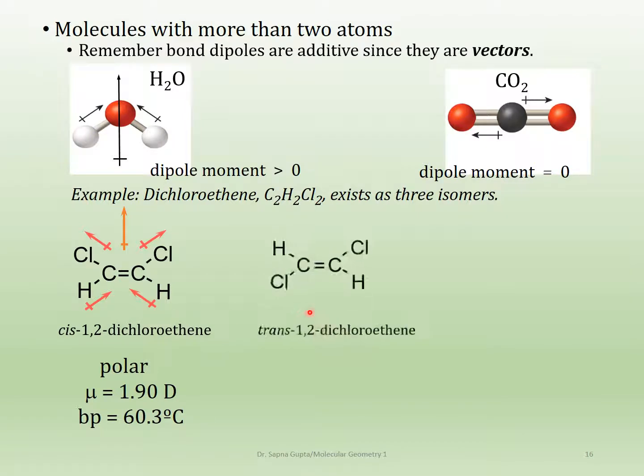All right. Let's look at another structure. In this case now the chlorines are on opposite sides, and the hydrogens here are on opposite sides. So again, let's draw the arrows out. We have chlorine going in the opposite direction here, chlorine going in the opposite direction here, and hydrogens giving electrons. So you can probably predict what's going to happen here.